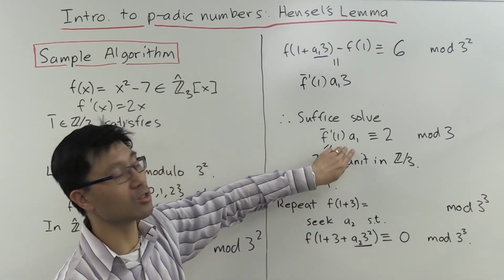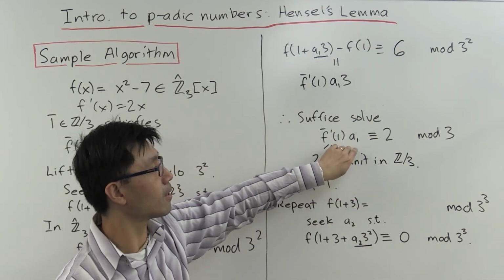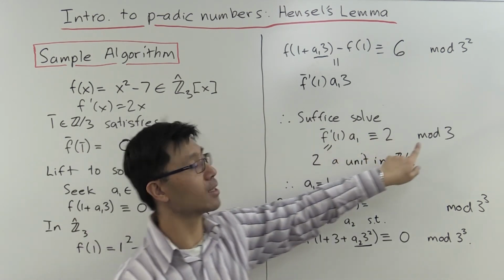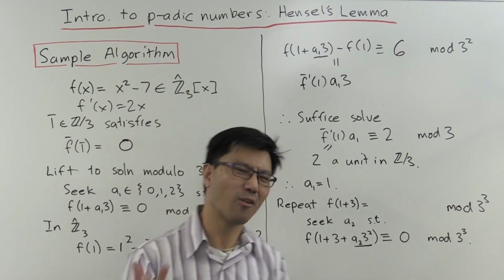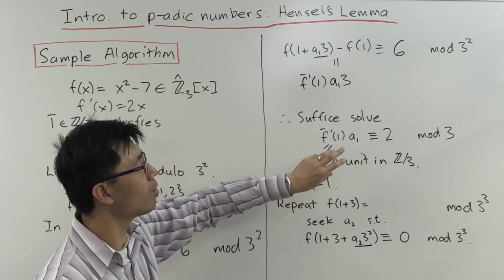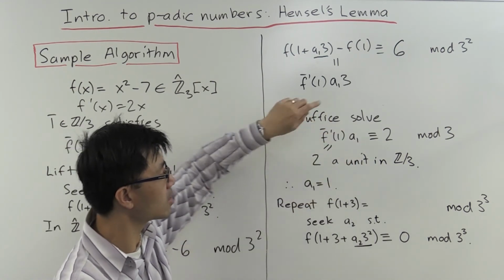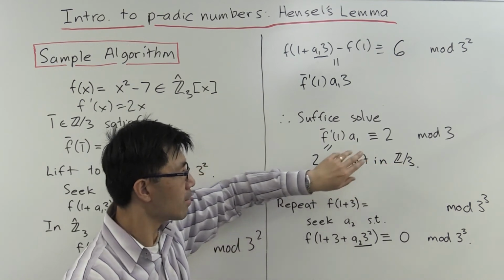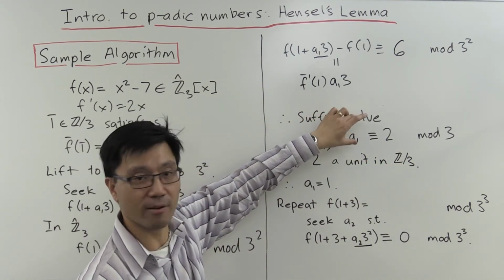Since it's a unit in Z mod 3, we can divide by it to solve for a1 in this congruence equation. Now, in this particular case it's pretty easy to see what the solution is. But in general, that's the reason why you need this derivative to be a unit. This is the thing which allows you to solve this part of the equation.